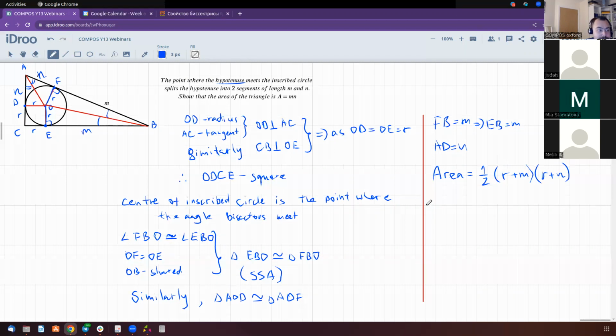Okay, r plus n. And we can simplify that. 1/2 r squared plus rn plus rm plus mn.